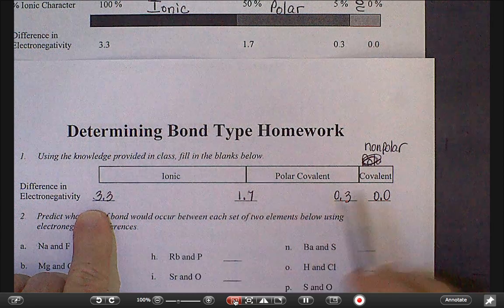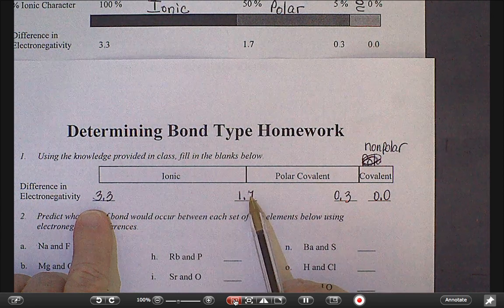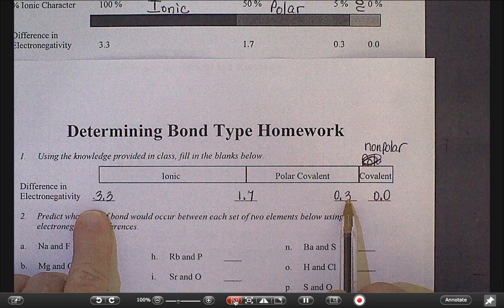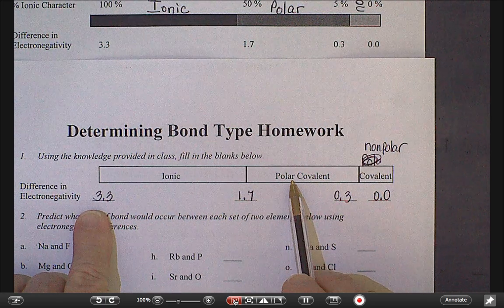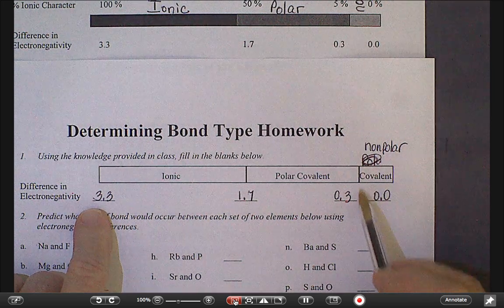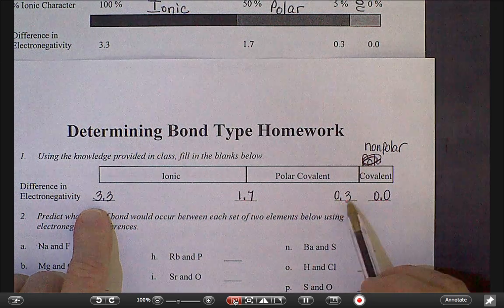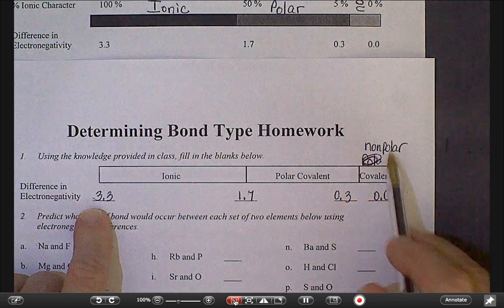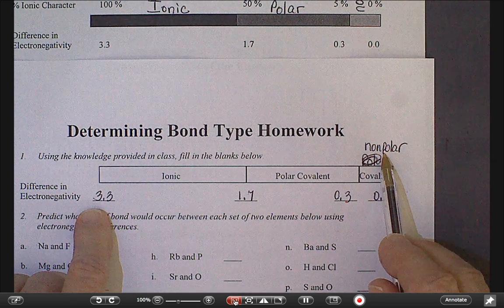When you do your math and it falls between 1.7 and 0.3, it's classified as polar covalent. And if it falls between 0.3 and 0, it's classified as nonpolar covalent.